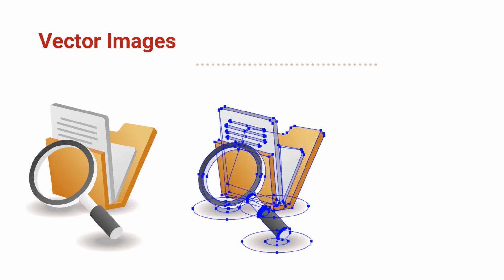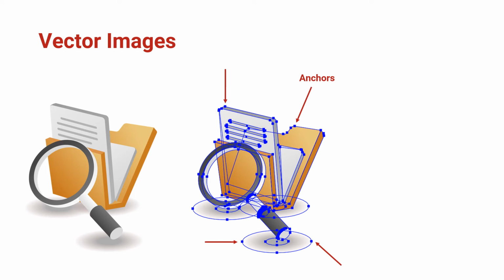Here's how vectors work. This image of the file folder is a vector image. It was saved as a PNG format with a transparent background so that I could show it to you here in this video. When you view it in Adobe Illustrator, however, which is a vector editing software, you can see dark blue spots called anchors at various locations around the image.